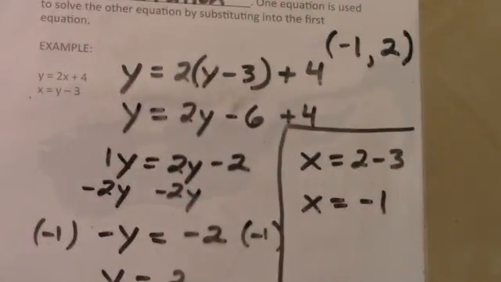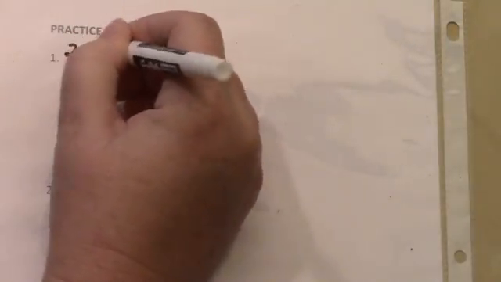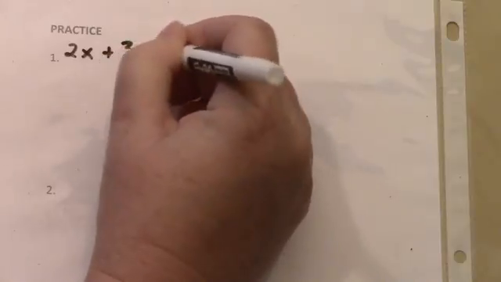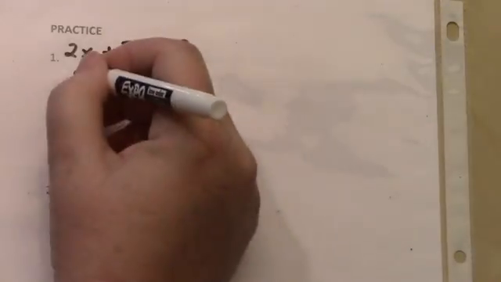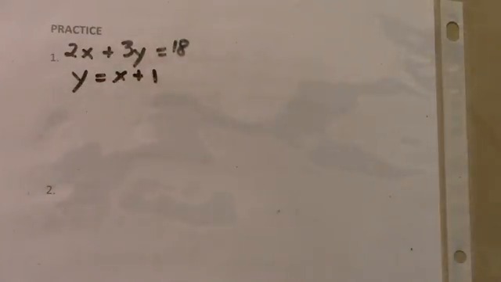Okay, I know that probably looks like a lot of steps there, but let's do some practice together. So turn to the next page in your notebooks, and let's do another practice together. So let's take the two equations. 2x plus 3y equals 18. And let's say that y equals x plus 1.